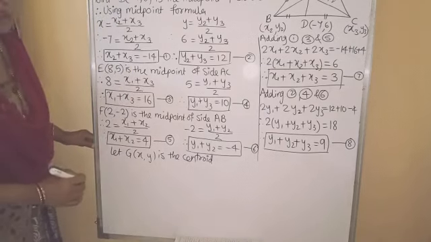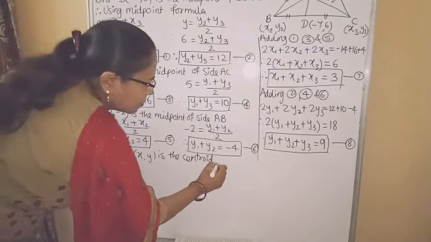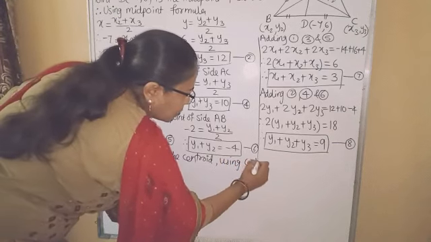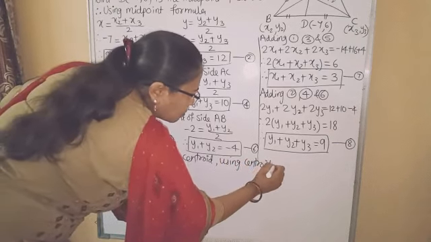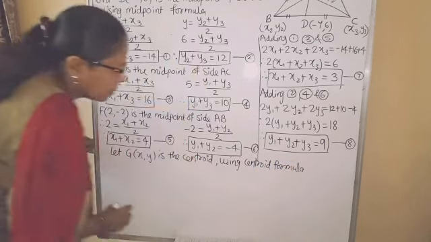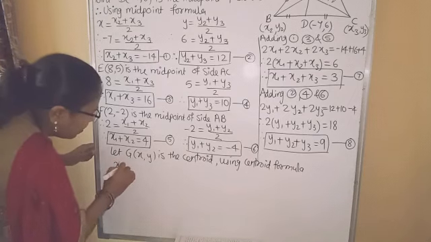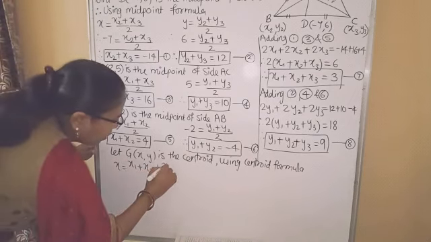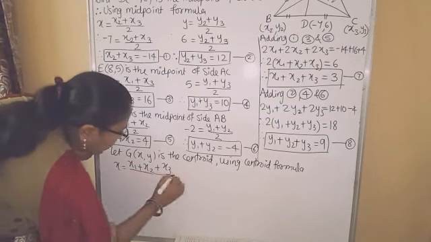Therefore, using the centroid formula, the x coordinate is (x1 plus x2 plus x3) upon 3.